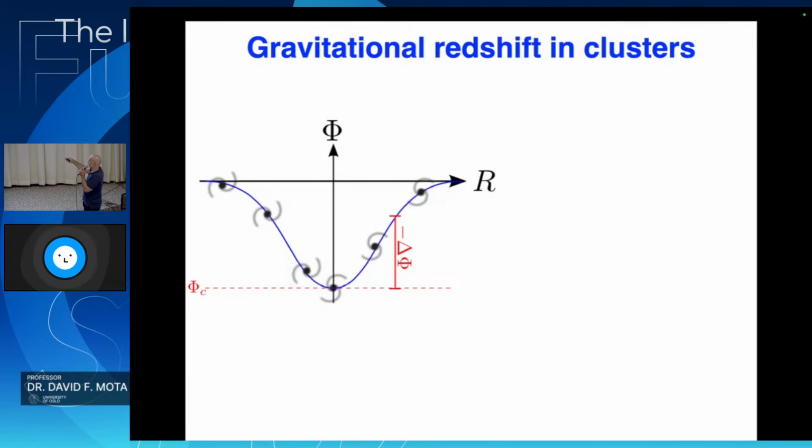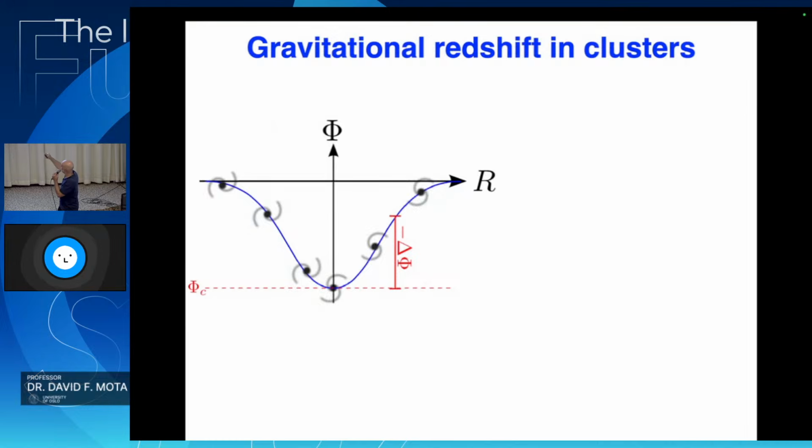So we have a cluster, a group of galaxies distributed in the cluster, and they create a gravitational well. Usually there's a very big, very massive galaxy in the center of the cluster, and then other galaxies which go to the outskirts of the cluster. So there is a gravitational well here, with a deep central value. That's the deepest point, usually in a big, massive galaxy cluster.